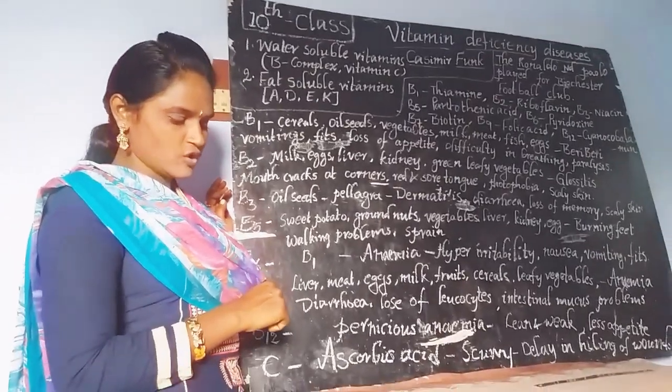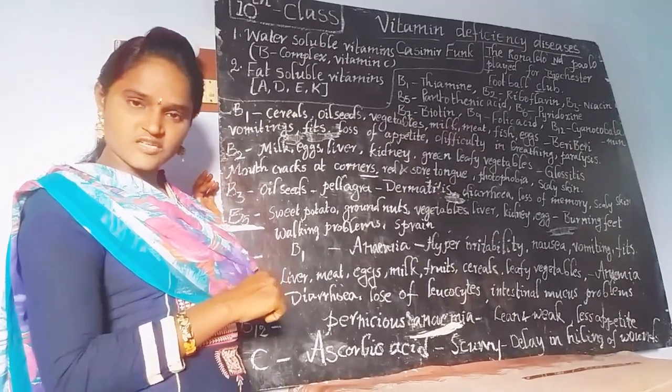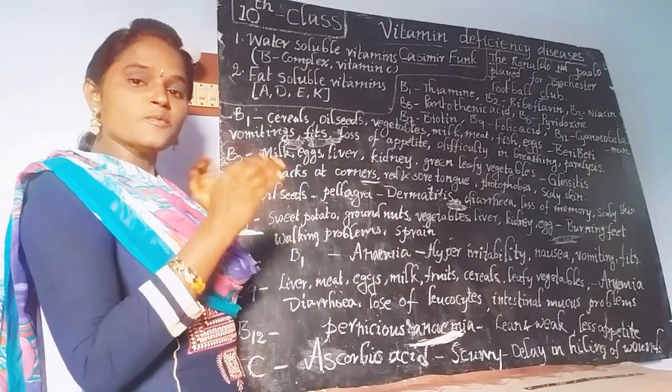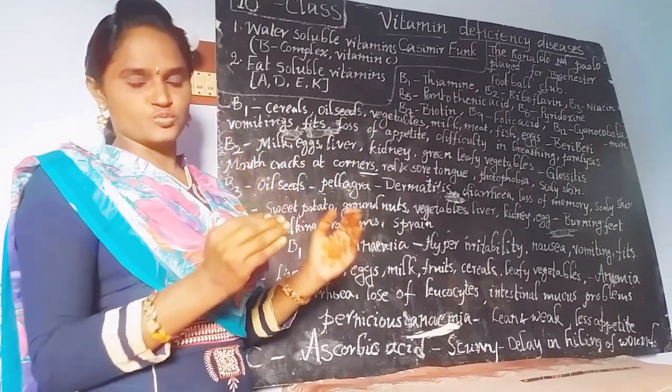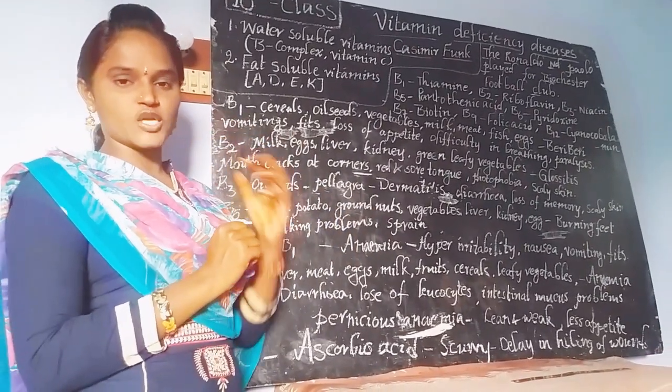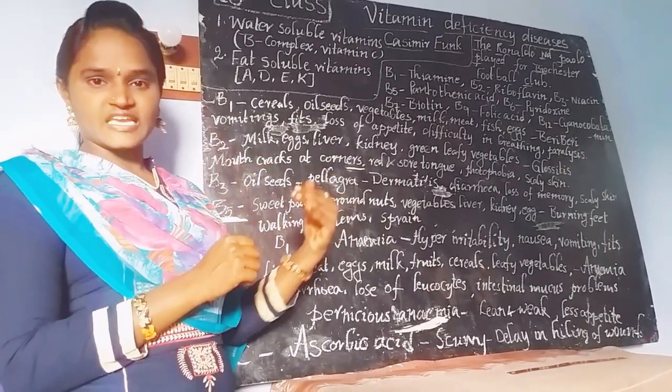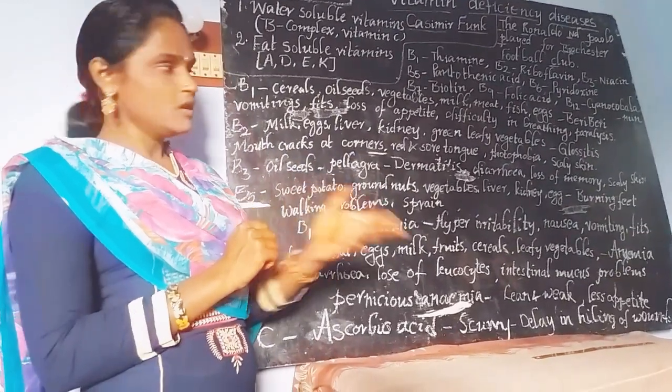Depending on the solubility of vitamins, we group the vitamins into two groups. What are they? One is water soluble vitamins and the second is fat soluble vitamins.